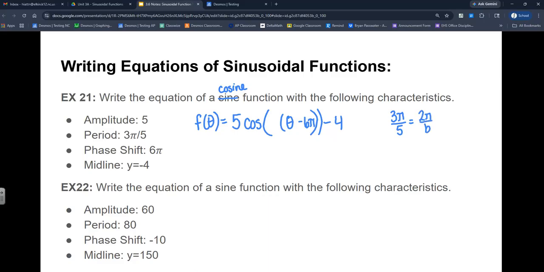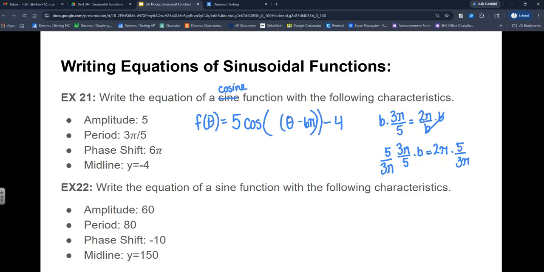So if I want to solve this so I can find the b, I would multiply both sides by b. So I've got 3 pi over 5 times b equals 2 pi. And then I need to get rid of 3 pi over 5. I'll have to divide that off. I here would multiply by 5 over 3 pi. And that is because dividing fractions is easy as pi.